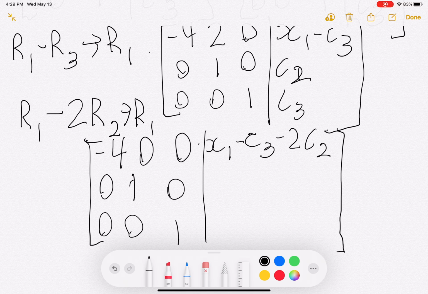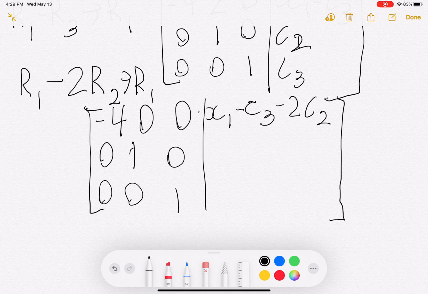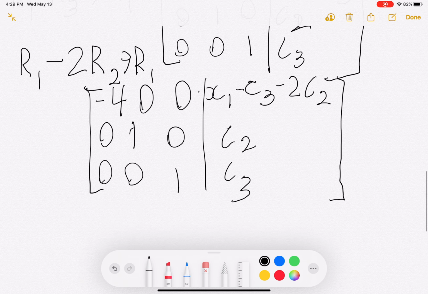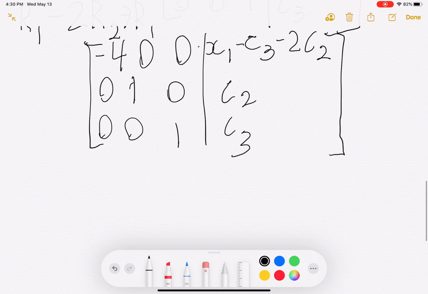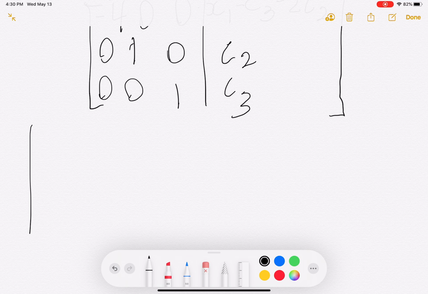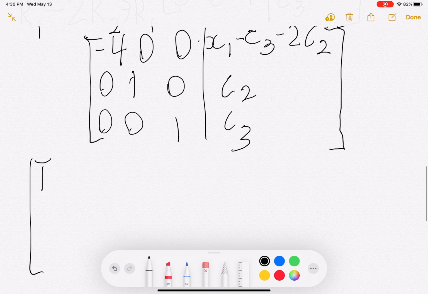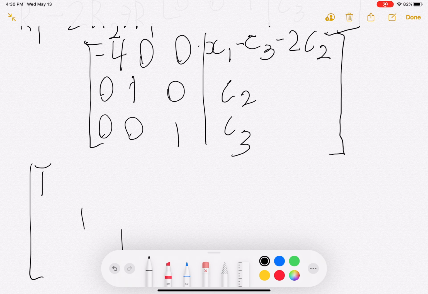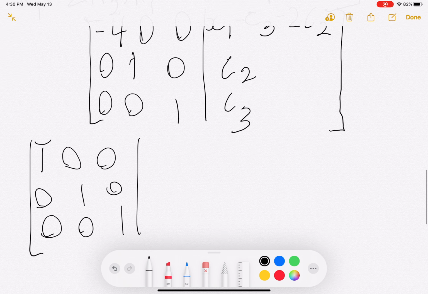That's fine. And we get C2, C3. Okay, now final step. Divide both sides by -4, and we get 1, 1, 1. This might seem familiar if you watch my past videos. This is reduced row echelon form.